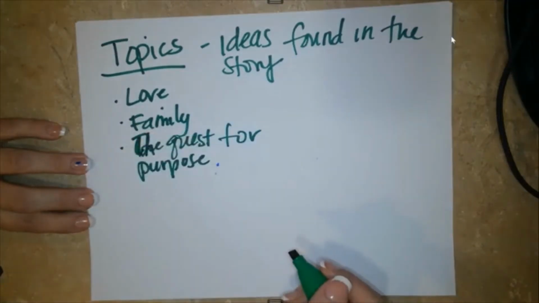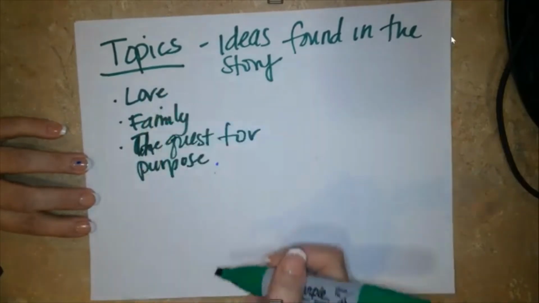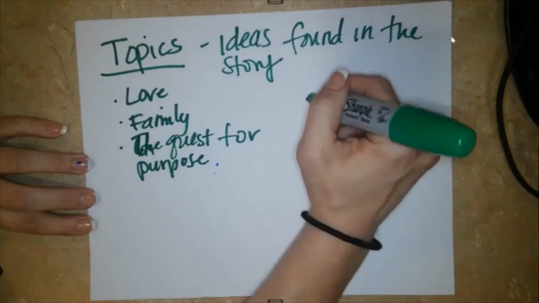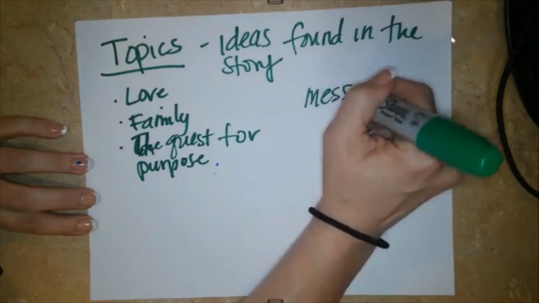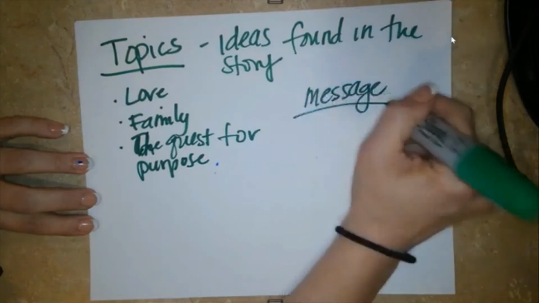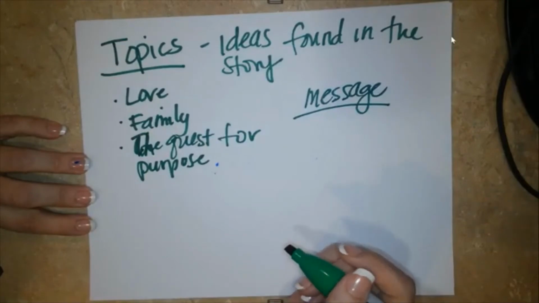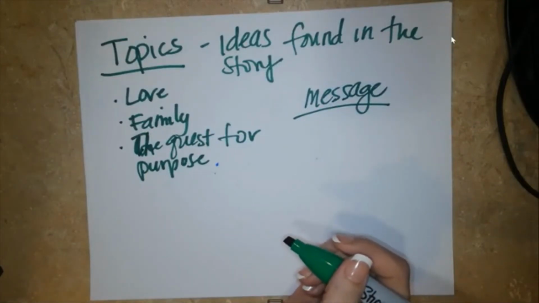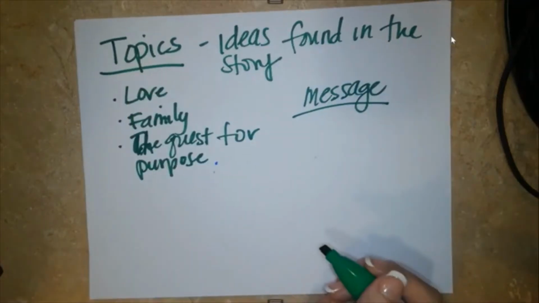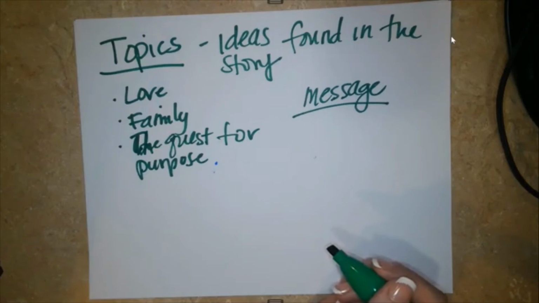Theme-ish. However, each of these things, they are ideas. And remember that we said that in order for it to be a theme, it had to be a message. If I gave you a fortune cookie and all it said was love, wouldn't you want to know, well, what about love? Am I going to fall in love? Am I going to fall out of love? What's the story?